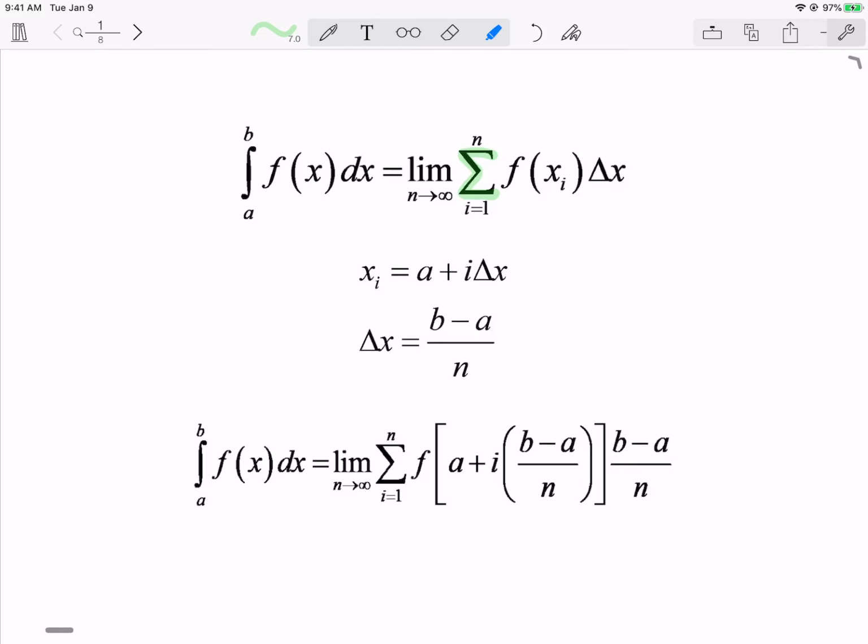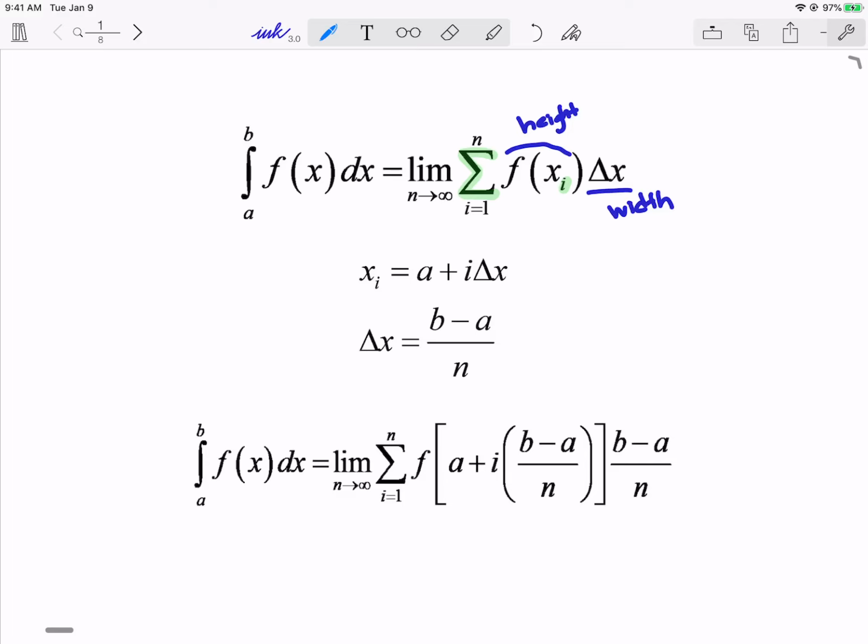But what I'm doing is I'm plugging in the lower index, i equals 1, in for i, which you see in x sub i here. So I plug in 1, evaluate what f of x sub 1 is, times delta x. Delta x here represents the width of a rectangle, and f of x sub i represents the particular height of a rectangle.